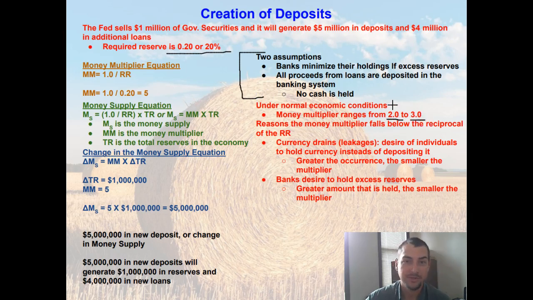The reasons that the money multiplier actually falls below this reciprocal of the RR, that the true money multiplier is less than what it should be, are because of different aspects. One of them is known as currency drains or currency leakages. And it's the desire of individuals to hold currency instead of depositing it.